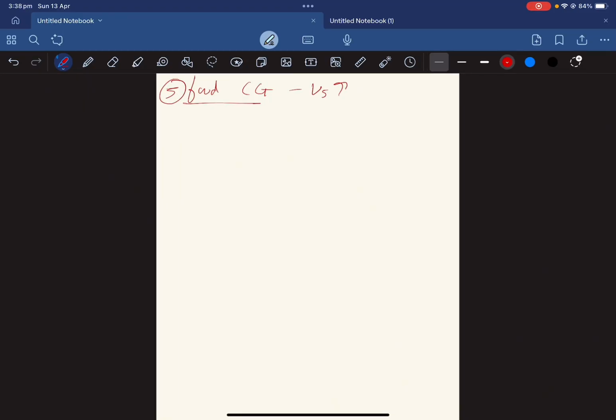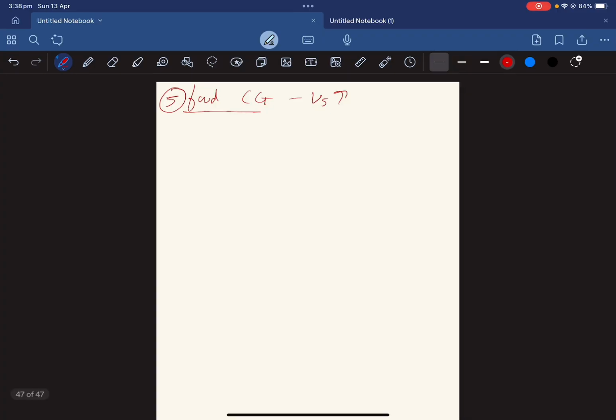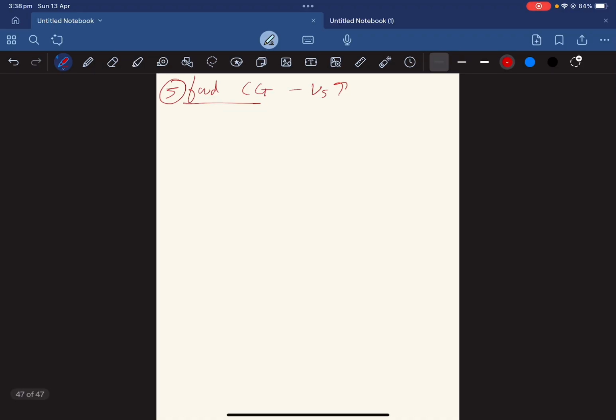What basically happens with forward CG is that your aircraft becomes nose heavy, so there's a tendency for it to pitch down. To counteract that, of course, you need more lift force, which means it is increasing the requirement of lift. So of course, your stall speed will increase. And in the case of forward CG, your stall angle is going to be constant.